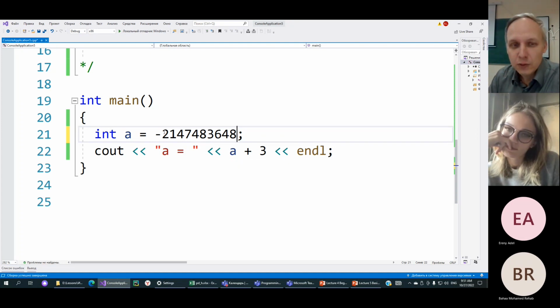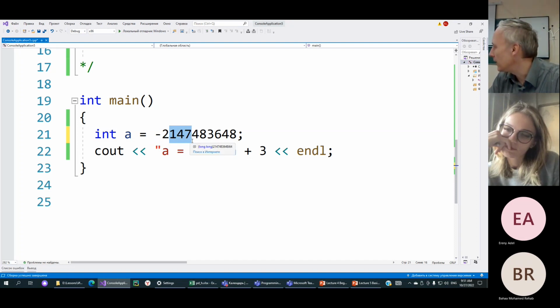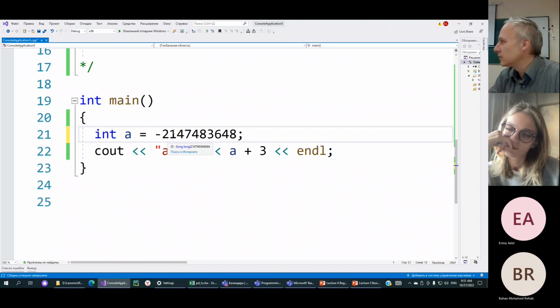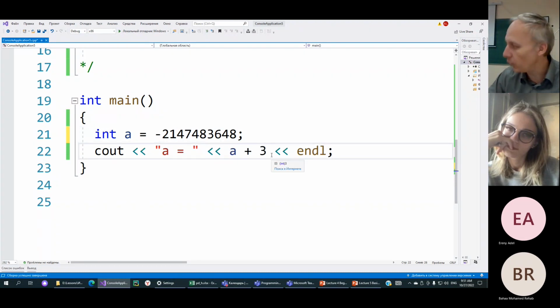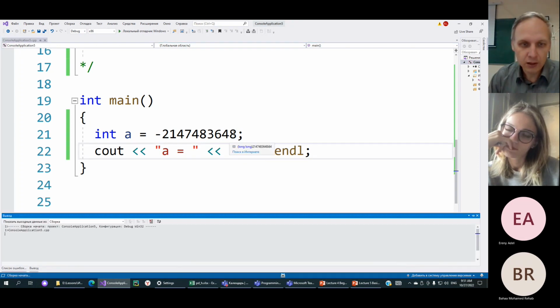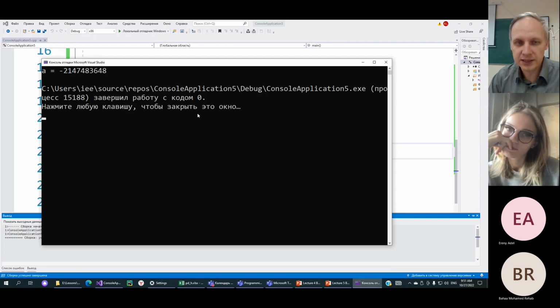Approximately 2 billion 100 million. So 2.5 billion you cannot represent. This is the smallest negative number. Let's output this value to the screen. We see the correct result.